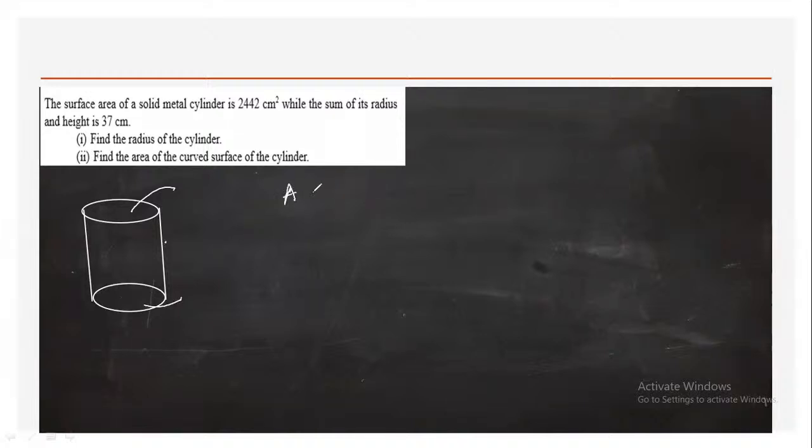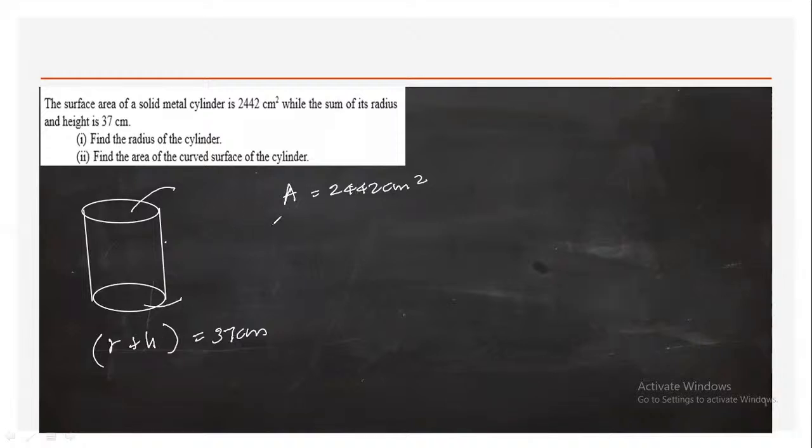So total surface area is 2442 square centimeter, while the sum of the radius plus height equals how much here? That is 37 centimeter, right? It means r plus h is 37 centimeter.